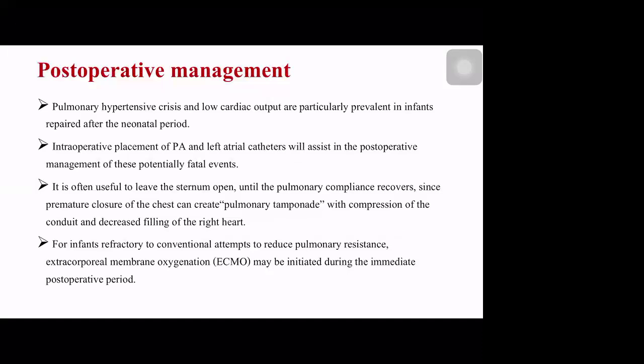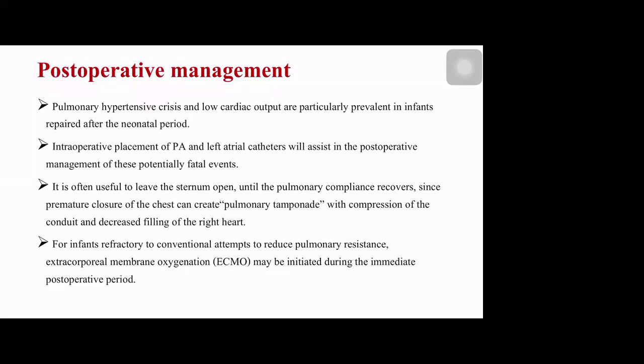Coming to the post-operative management, there is a high possibility of pulmonary hypertensive crisis, that is PH crisis, and frequent episodes of low cardiac output in the post-operative period. Accordingly, these two conditions should be managed. The intraoperative placement of a PA line and a left atrial line, LA line, will assist in the post-operative management of these potentially fatal events.